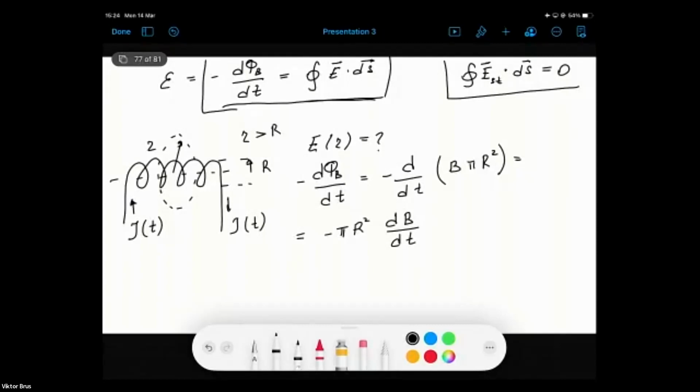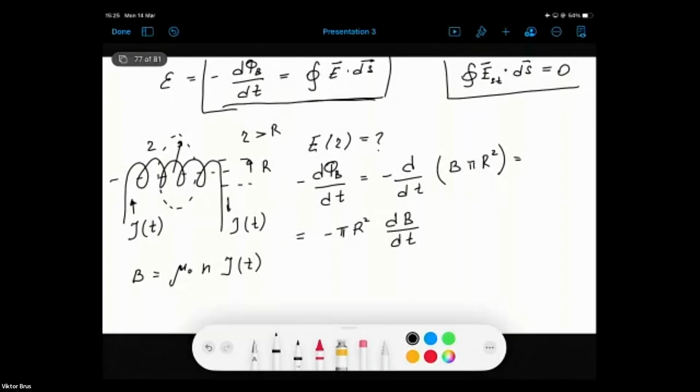Let us define what the magnetic field inside the solenoid is. We remember our previous discussions: for the magnetic field inside a solenoid, B is equal to mu naught, and we assume it's just empty space there, no material inside, times n, which stands for the density of turns per unit length of the coils of the solenoid, times the current, which is a function of time.